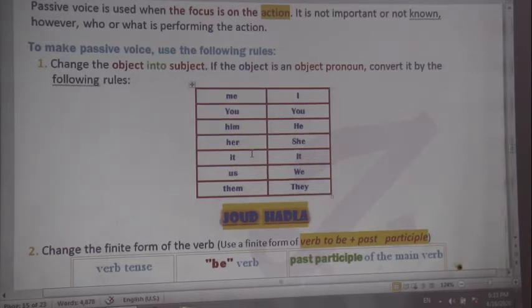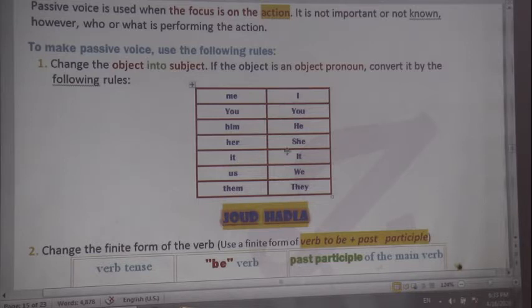I'll repeat for you. If the object of the sentence is an object pronoun, we only need to use it at the beginning of the sentence, but as a subject pronoun. So me is changed into I, you is changed into you, so it's the same. Him into he, her into she, it, us, we, them, they.